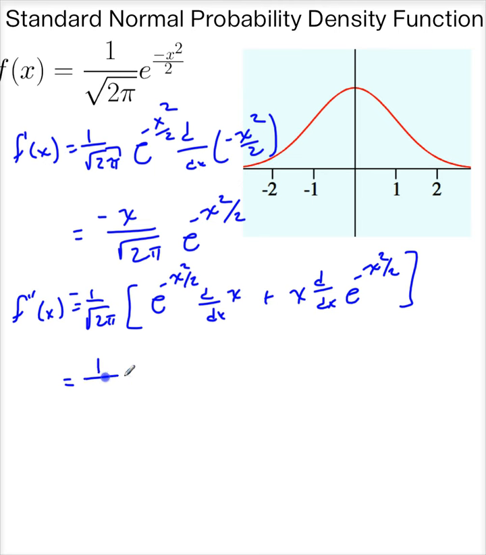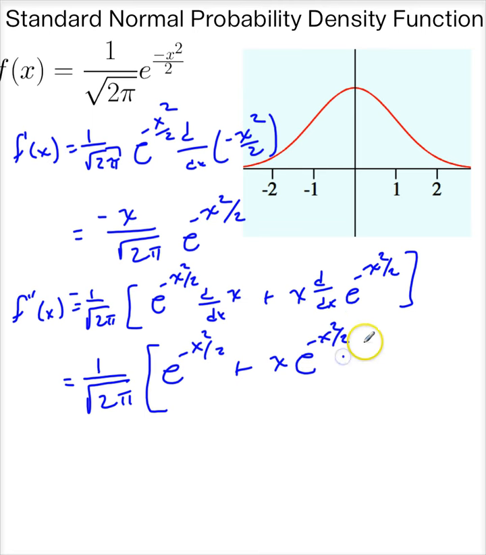So it is 1 over the square root of 2 pi times, let's see, this first term is just e^(-x^2/2) plus x times the derivative of e^(-x^2/2), which is e^(-x^2/2) times -2x over 2.